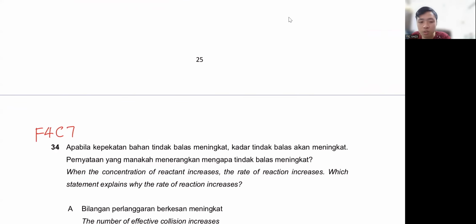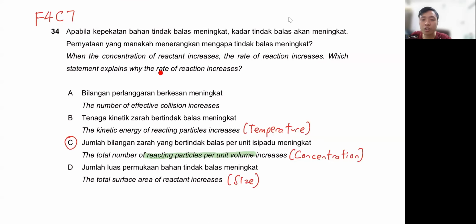Question 34 is from chapter 7. Rate of reaction increases, very easy. Rate of reaction increases when the concentration, you have to mention, they talk about concentration, they want a specific one. How is concentration affecting it? Remember what you write for the concentration factor, you write this sentence.